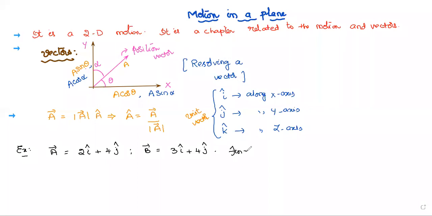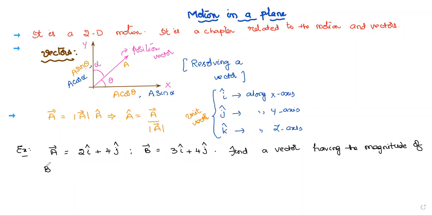Find a third vector, means a vector. Vector means what do you require? Magnitude and direction. So the magnitude he is saying, having the magnitude of B bar.